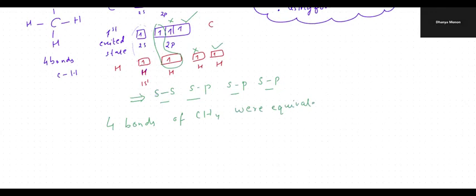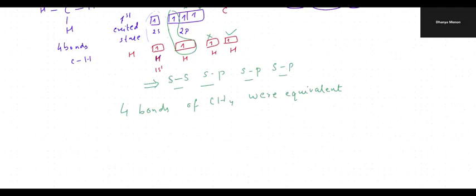That means the bond strength and the bond length were the same. Since these 4 bonds are made up of different orbitals, they should have different bond lengths and different energies, but in reality all 4 bonds of methane were equivalent.